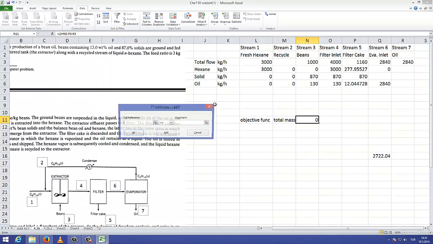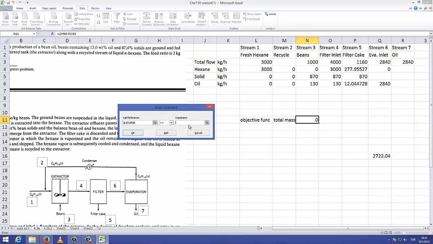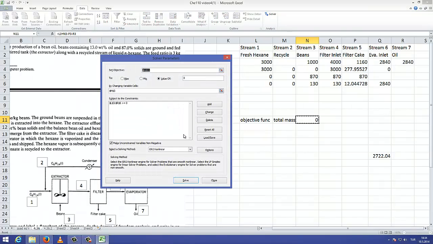Or you can do this by simply selecting all of this, greater than 0, add this, and this constraint is the same as this. If you can't have every single variable negative, you can unclick this and set your constraints.